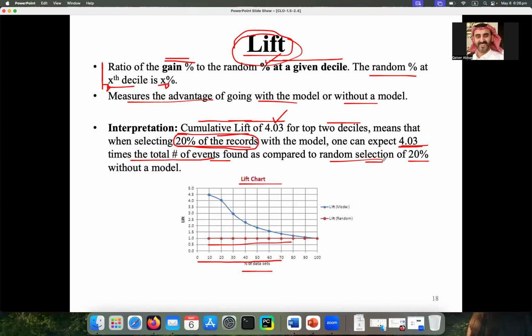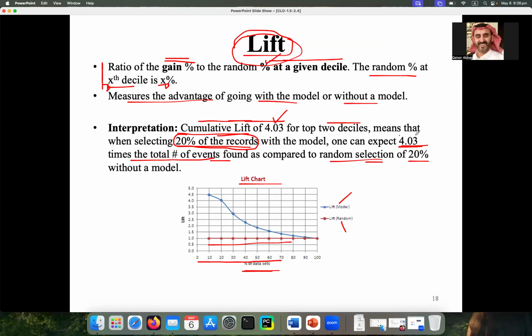But if now you have that model, through that model you calculated those values in that table, and in that table you have the values for the lift and the values for the data set. You draw this chart, which is called the lift chart, and here you can see this blue line is for the lift. This is also for the lift, but random.